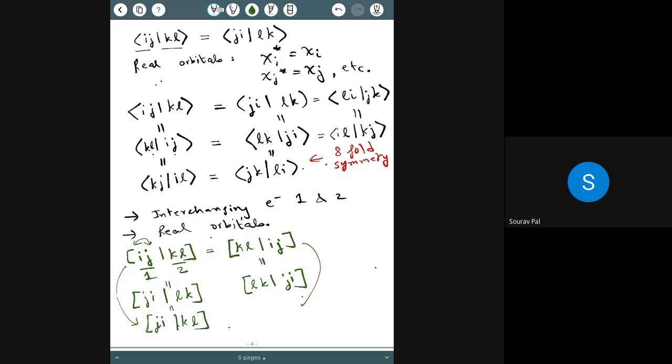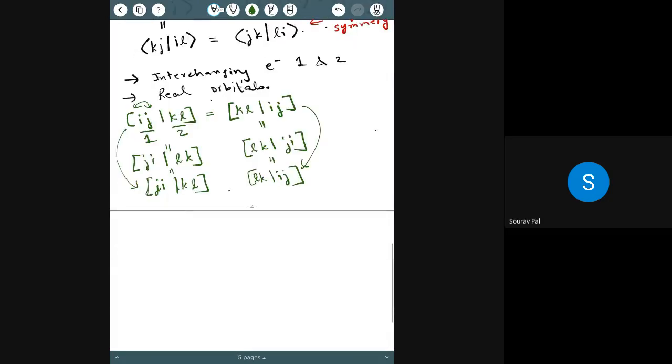And from here I can write LKIJ. Okay. And then again from here, is there any place here? So this is again equal to KLJI, and this is again equal to IJLK. So this is again 8-fold symmetry.